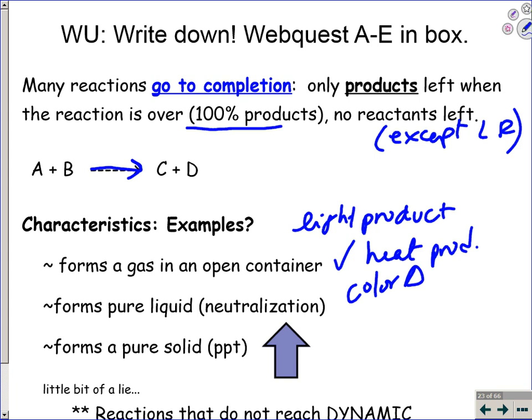What else? Right, precipitate. Formation of precipitate. And I put pure liquid because the pure liquid idea comes from acid plus base yields salt plus water. Water is a pure liquid, and that's something that can force a reaction to occur. So those are some ideas that we've already explored. We already know all of this stuff about chemistry. Are we clear?